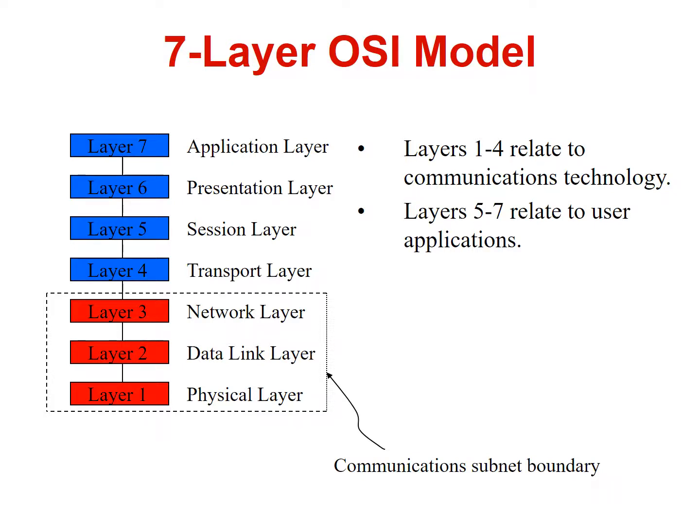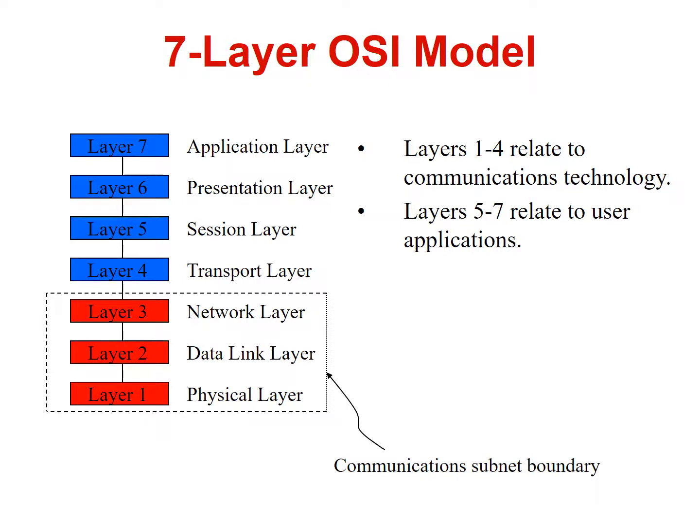We have the transport layer, session layer, presentation layer, and application layer. Layers 1 to 4 relate to communication technology, and layers 5 to 7 relate to user applications. We'll be discussing each of those layers in detail.